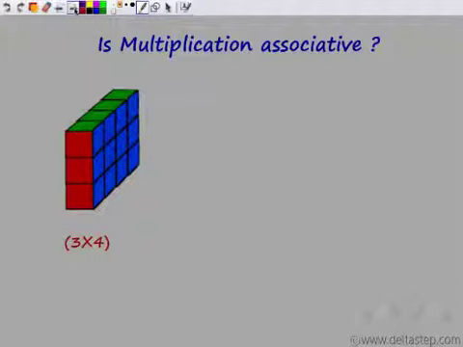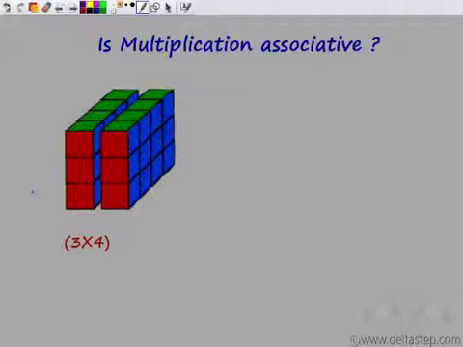This is 3 into 4. Now if I add another such block, so I have 3 into 4, 3 into 4. So 3 into 4 added 2 times. I can say this is equal to 3 into 4 into 2.